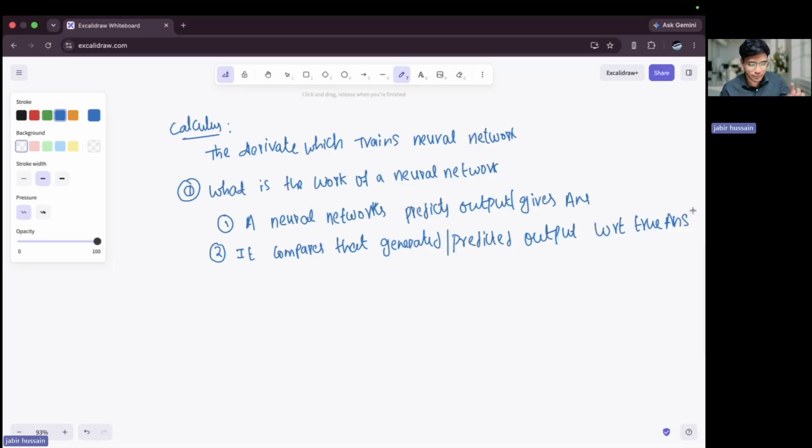But remember, first, it generates output after doing some math. Number two, it compares that generated output, that predicted value, with respect to the true answer. It asks, how far am I? A neural network asks itself, how far am I from the true answer, right?